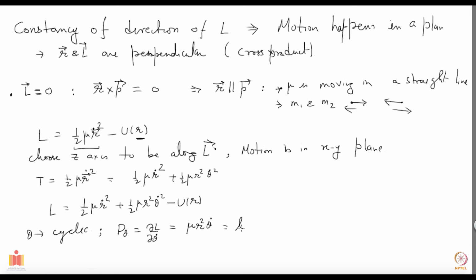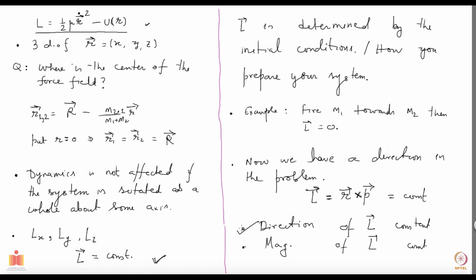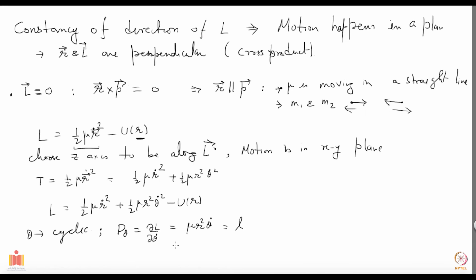Okay, and you can clearly see that this is just the angular momentum of your system, right? The magnitude of capital L, magnitude of this L here. Okay, so you have got a first integral here which involves only one derivative. Okay, and this is what you expected. You would have gotten anyway a conserved quantity here, and this small l is determined by the initial conditions as we discussed some time back.